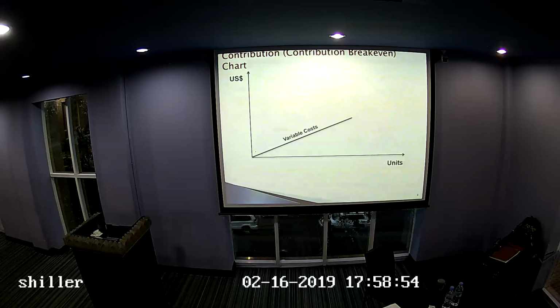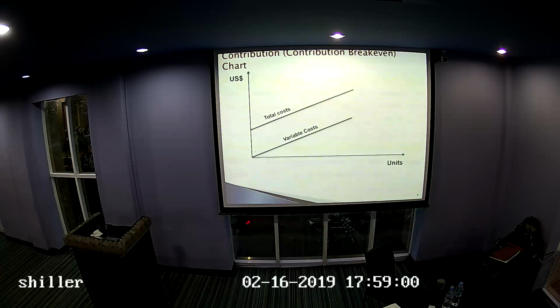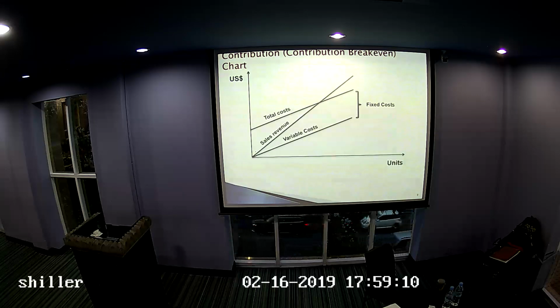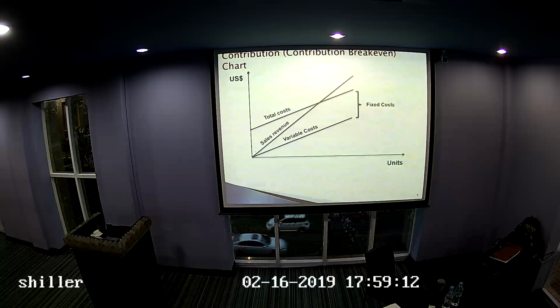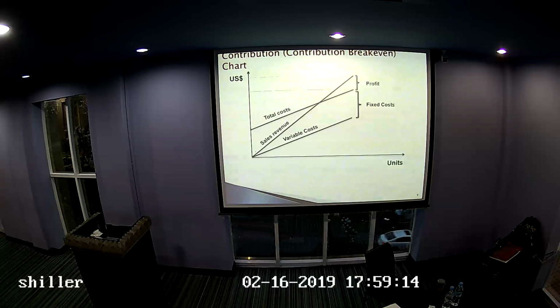Is it different from the first one? Yes, we started with the fixed cost earlier, correct? Where is the fixed cost? The fixed cost is in between here now. You agree it's fixed cost? Sales revenue, same as earlier. Now that's profit.